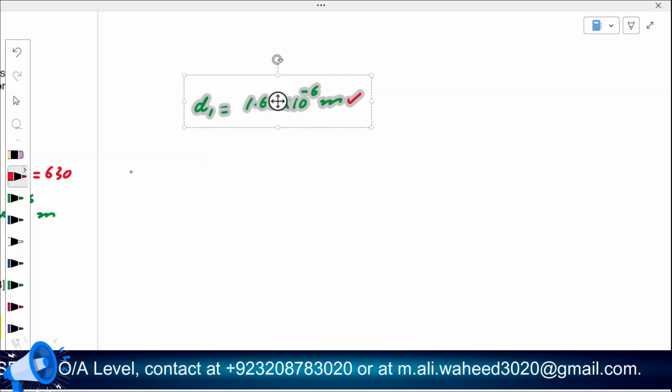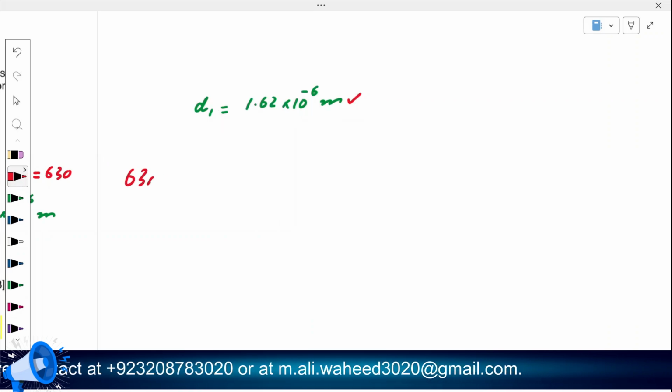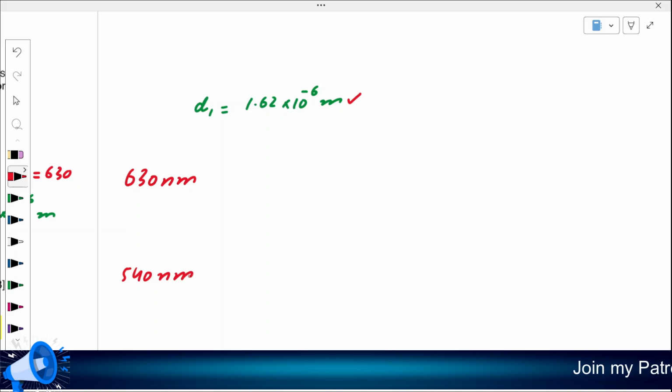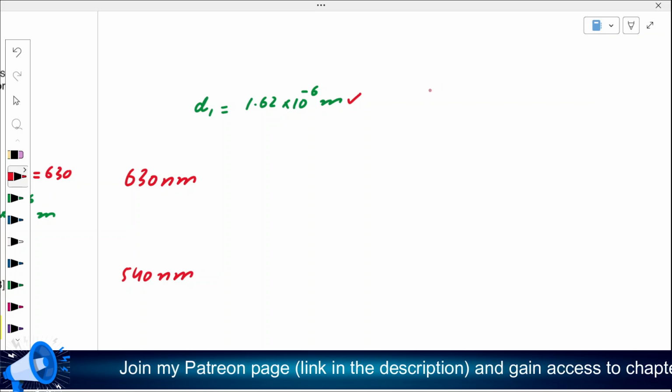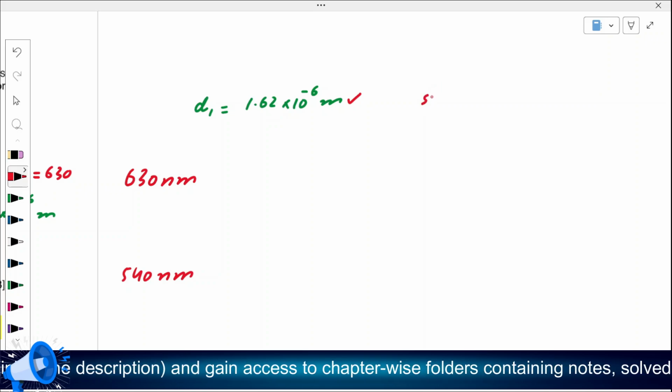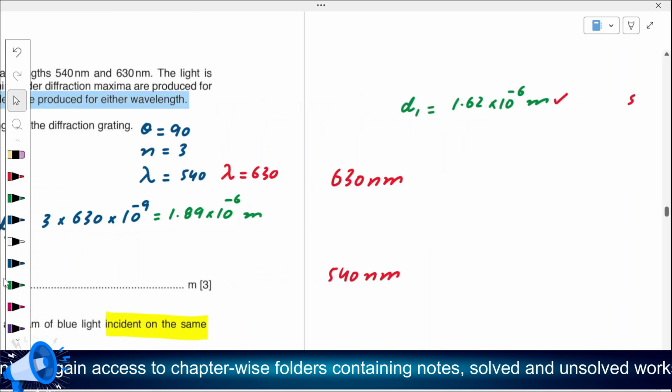So here's the first one, 630 nanometer, and the other one is 540 nanometer. So I'm going to see if I use this one as the diffraction grating, and the wave is incident normally, which is given in the question.